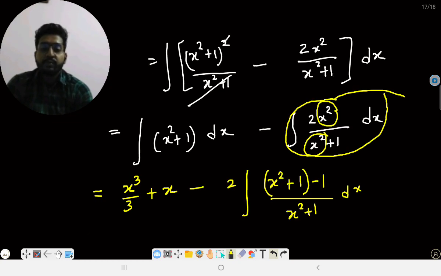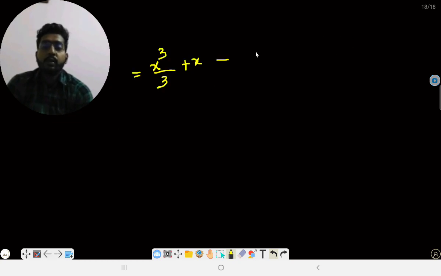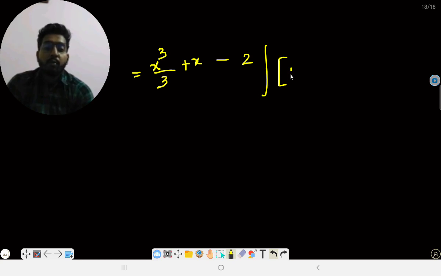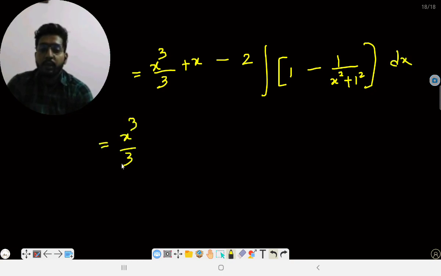x cube by 3 plus x minus 2 into integration of this one. Separate this one, it will become 1 minus 1 by x square plus 1, dx. So that will be x cube by 3 plus x minus 2.